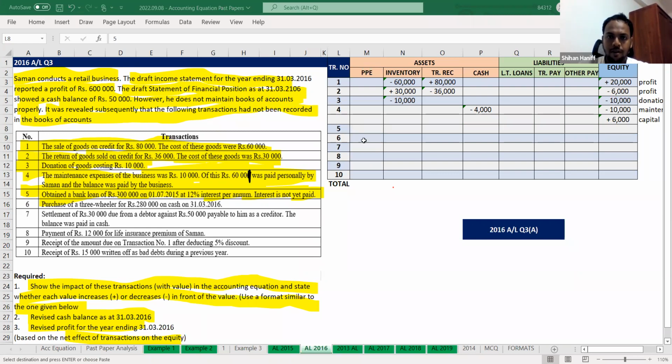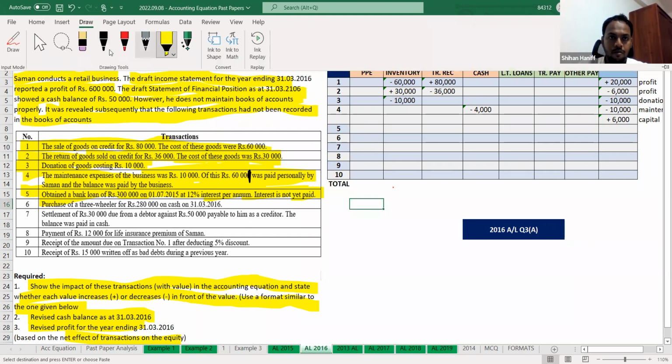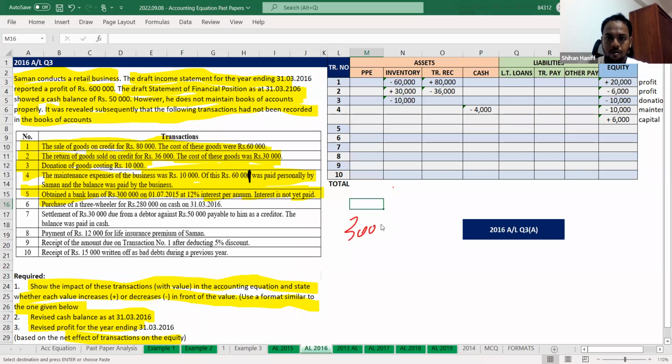How do you calculate the interest? 300,000 into 12%.